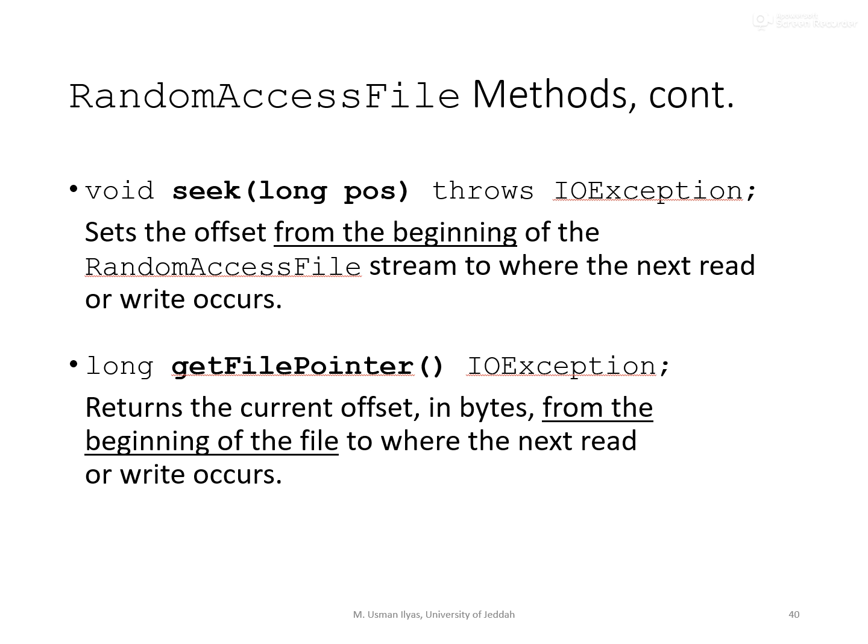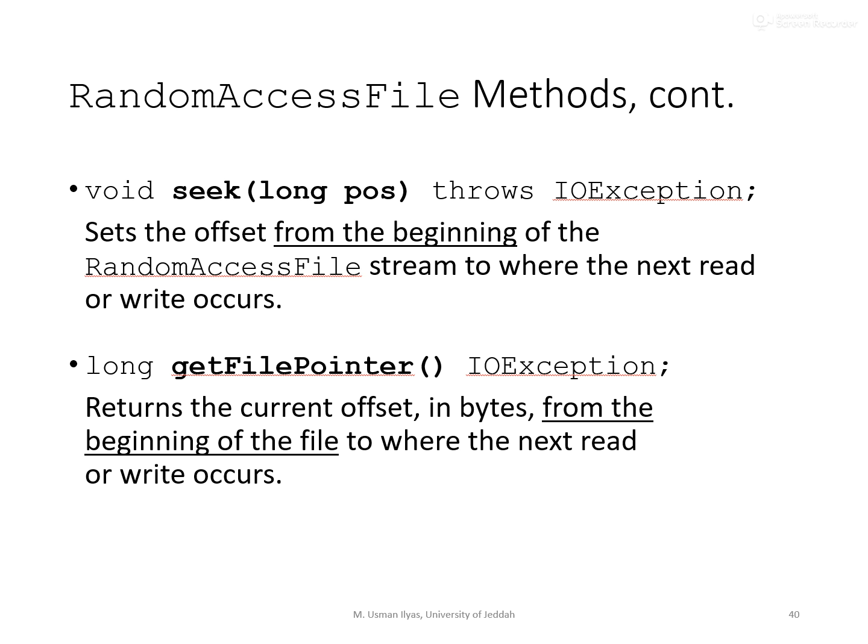But besides those, we have a very important seek method, which can be used to reposition the file pointer to any location specified in the argument. The argument takes a long number, and it will move the file pointer that many bytes from the beginning of the file into the file.